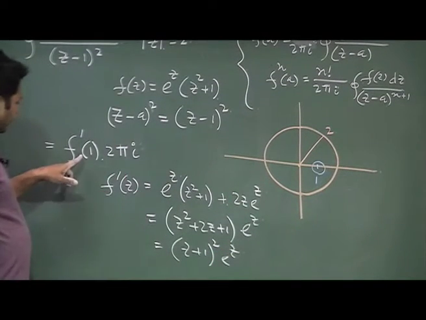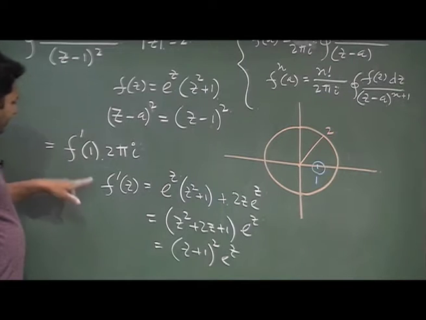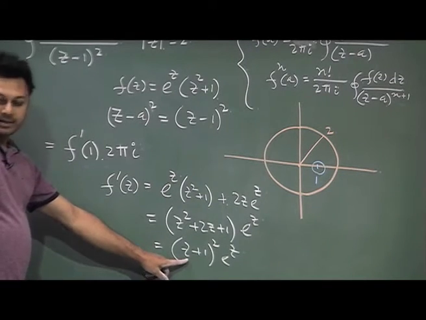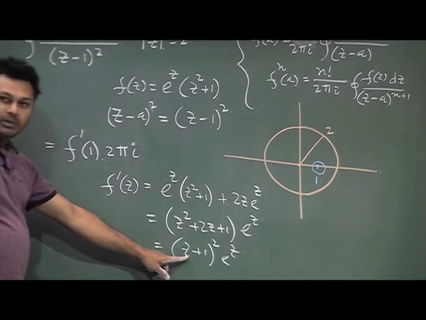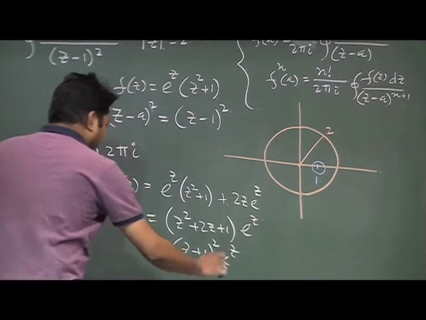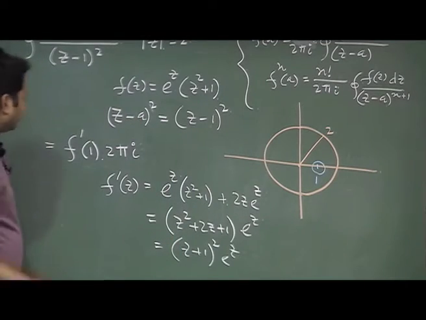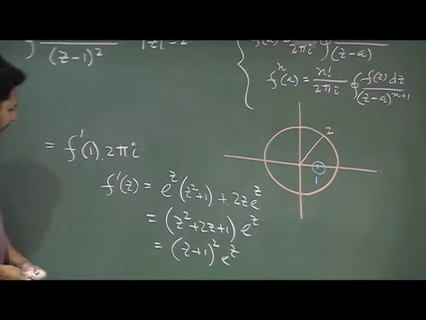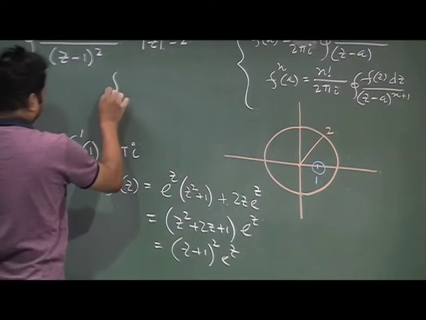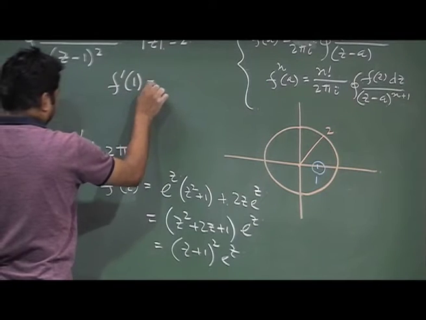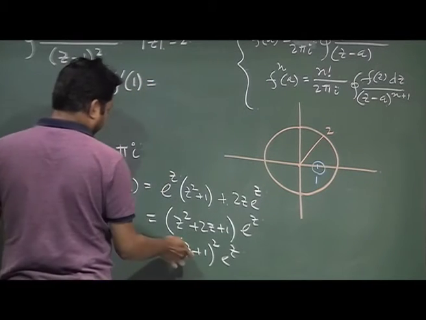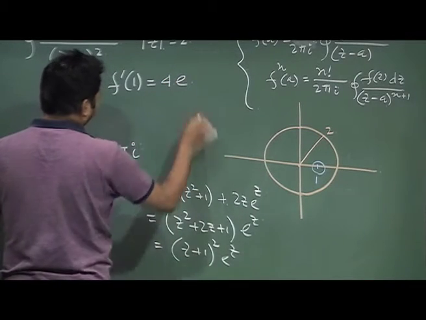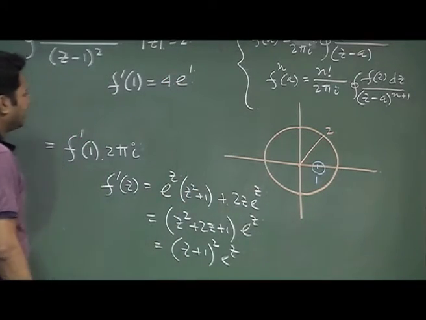Now, this is my f prime of z. So, f prime of 1, I just need to put the value 1 here. If I put 1, this value comes out to be 4 e to the power of 1, that is 4e.